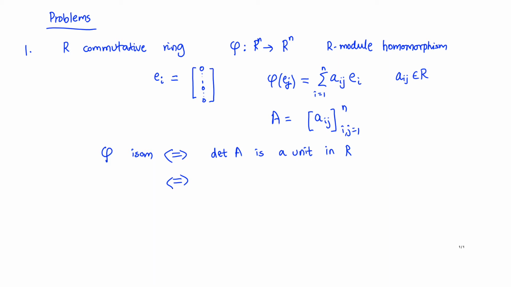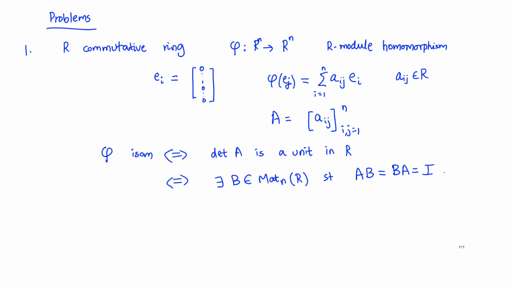Of course, the definition of isomorphism is that there is an inverse map such that the composition is the identity, and in terms of matrices this says that there exists a matrix B, n cross n with entries in R, such that the product AB equals BA equals the n cross n identity matrix.